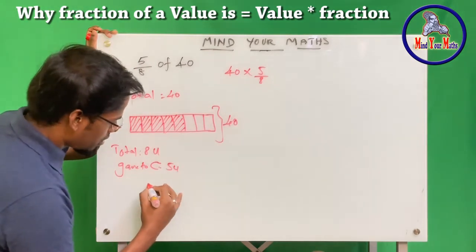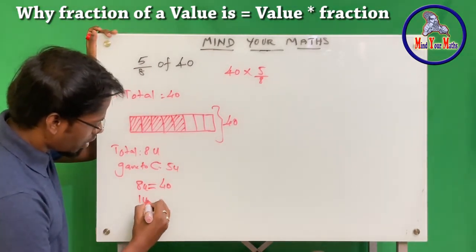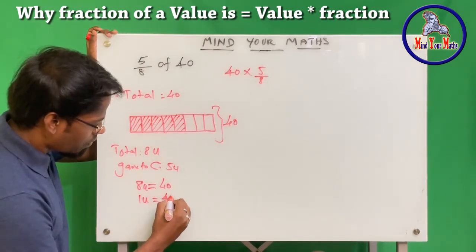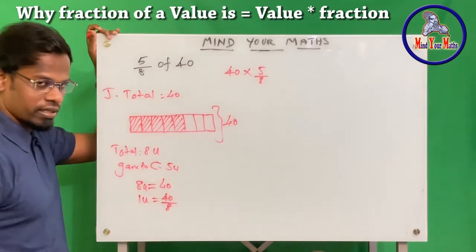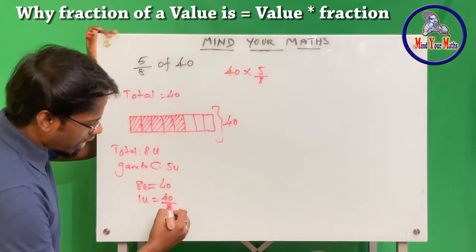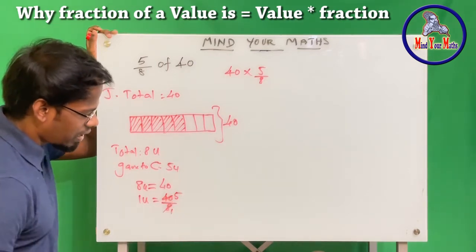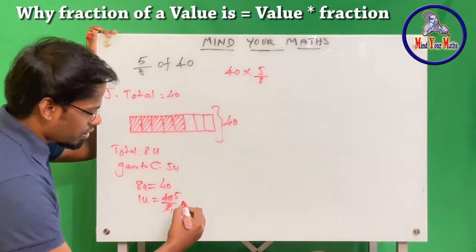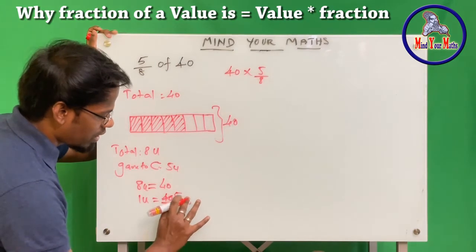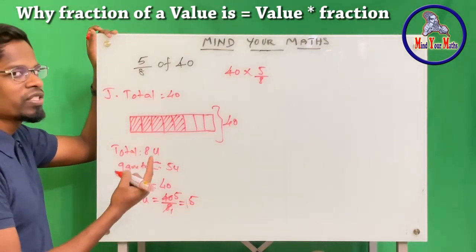8 units is equal to 40, so 1 unit is equal to 40 divided by 8. Now we can cancel it: 1 times 8 is 8, 5 times 8 is 40. So 1 unit is how much? 5. Now what do we need to find? How much Charles got.